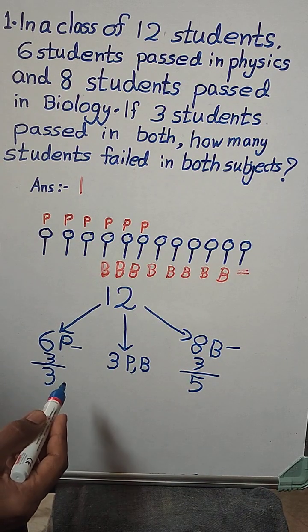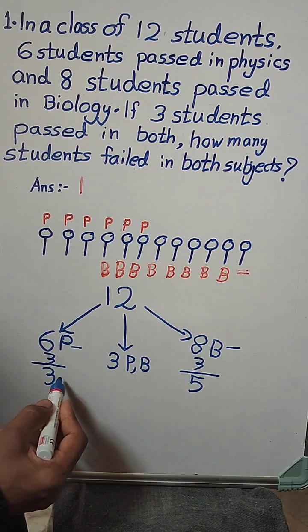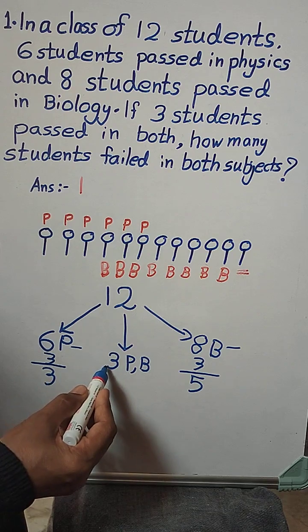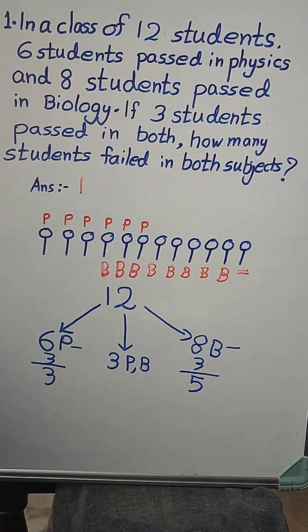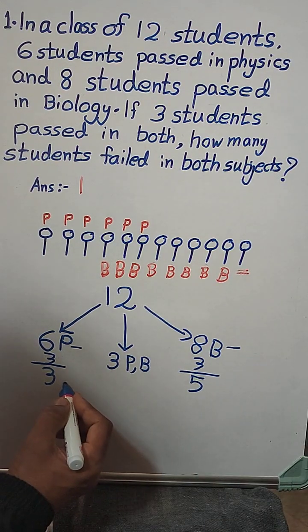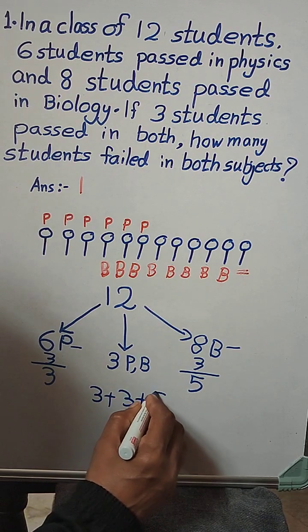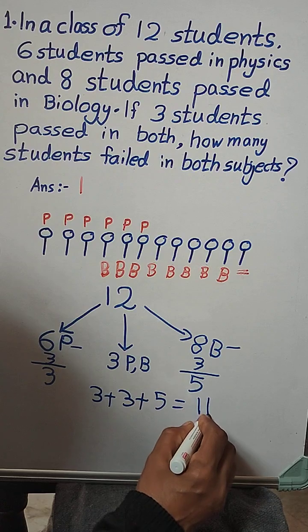Now the total passed in the subjects is 3 plus 3 plus 5. 3 plus 3 is 6, plus 5 is equal to 11.